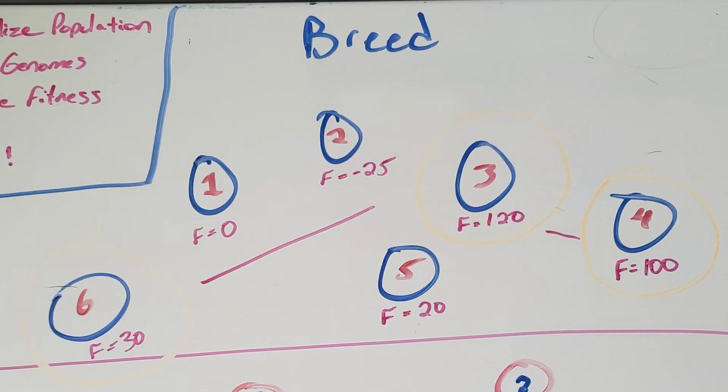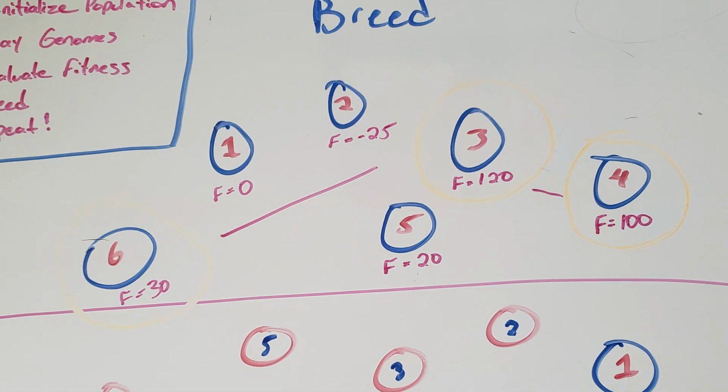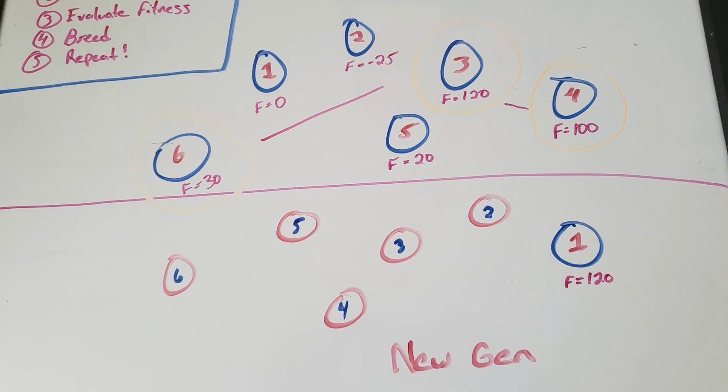So the new generation ends up being the exact same size as the previous generation, and all of these spots are new children made from the top 50% of the previous generation, except for one spot. The first spot in the generation is always the fittest genome from the previous. The reason that we do this is so that it ensures that your fittest from any generation is not a step back from the previous, because you are always guaranteeing that at least the fittest from the previous generation still exists in your new generation.